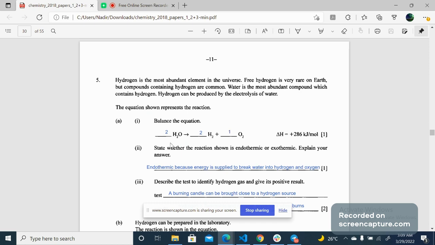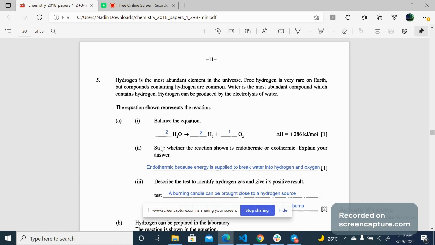So this is how we do it. If we have one molecule of water, and on the other side one molecule of hydrogen gas and one molecule of diatomic oxygen gas as well.